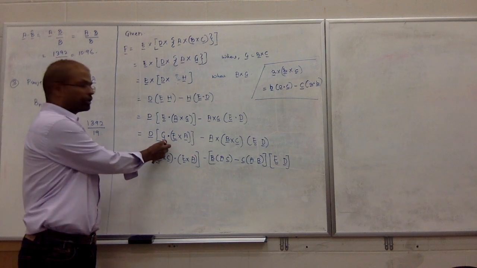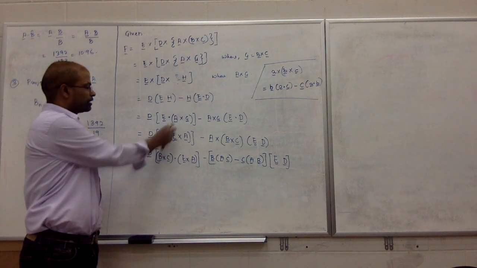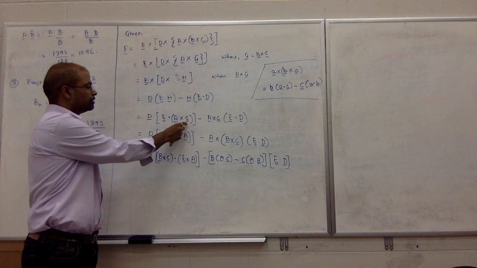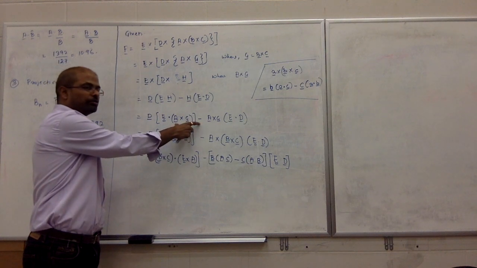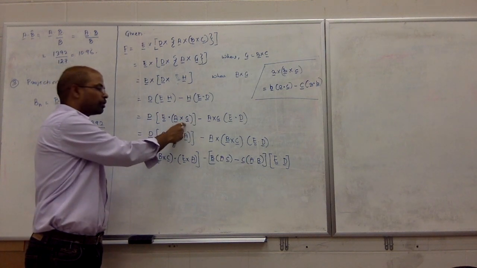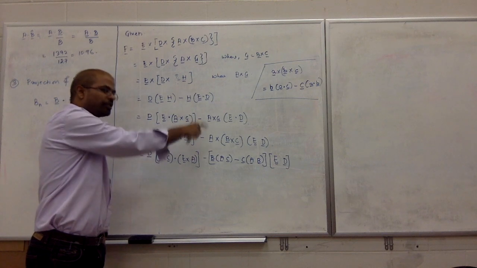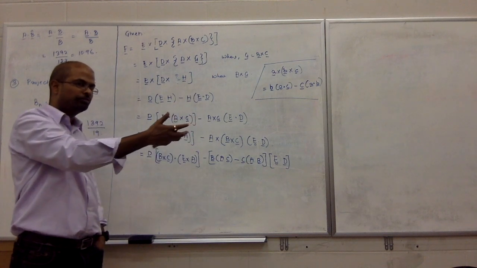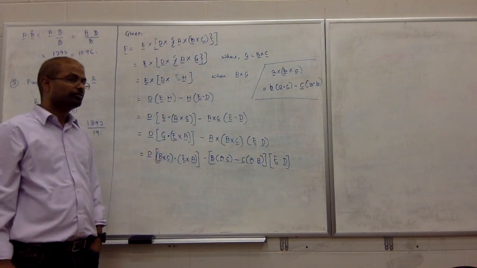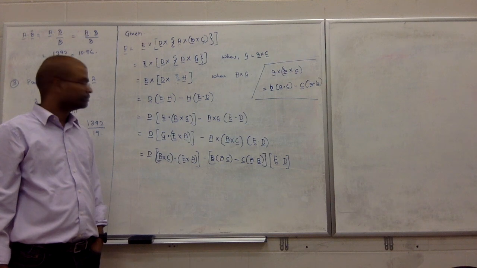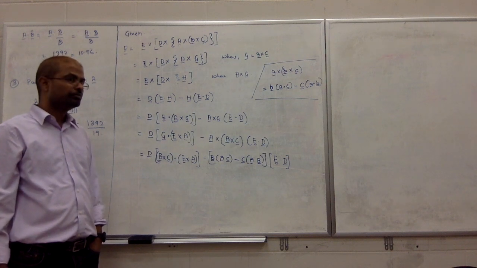Because this is a vector, right? It will again become a triple product. If I put it back here, it will be A cross G cross, and it will again become a vector, because that was H. That's what H represented. So you took H out and put back A cross G, correct? In that step.